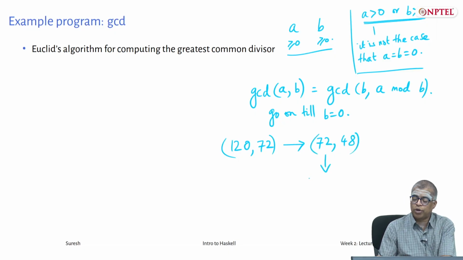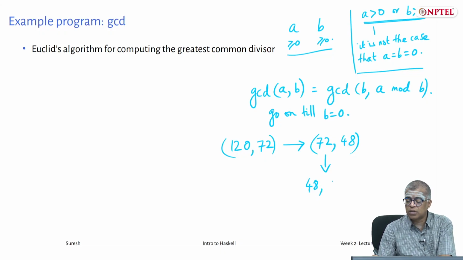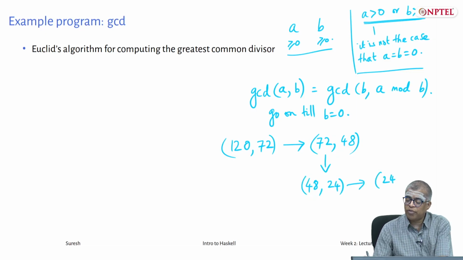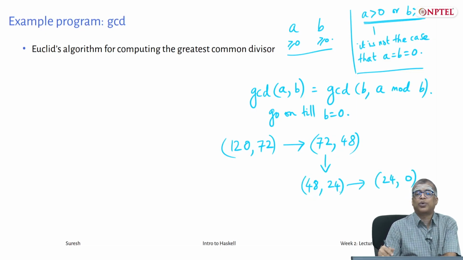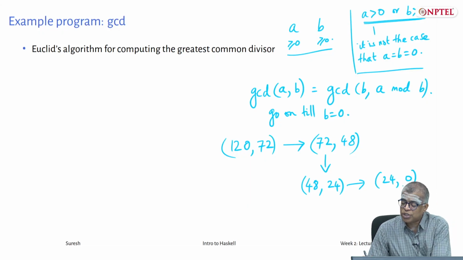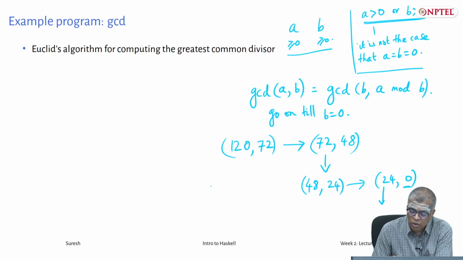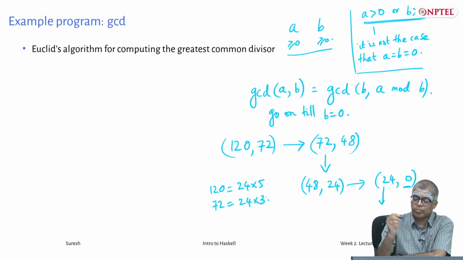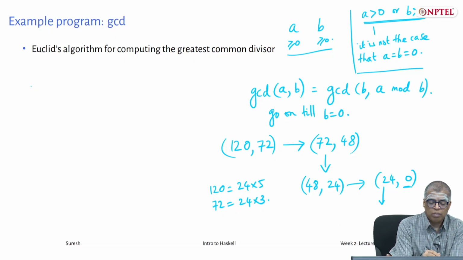This will become 48. 72 mod 48 is 24. At this point, this will become 24 and 0 because 48 mod 24 is 0. So, since you have reached 0, you will stop, and at this point you will say 24 is the GCD of 120 and 72, and indeed that is the case because 120 is 24 times 5, 72 is 24 times 3.